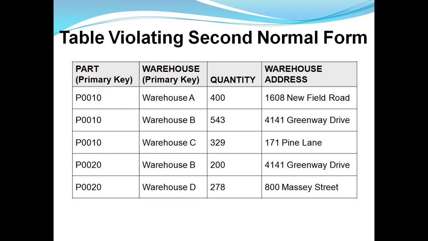Now, hence, it is depending on partial primary key. This is not allowed here. It should go in a different table. So when it should go in a different table, अकेला बाहर जाएगा नहीं, इसका डिटर्मिनेंट भी बाहर जाएगा. तो इसका डिटर्मिनेंट कौन है? वेयरहाउस.